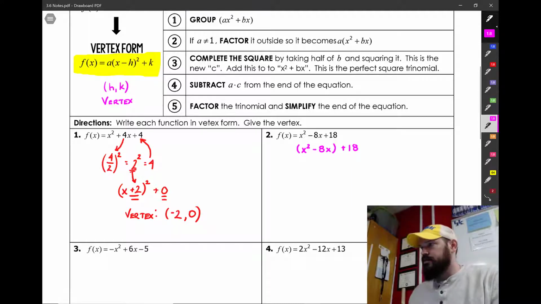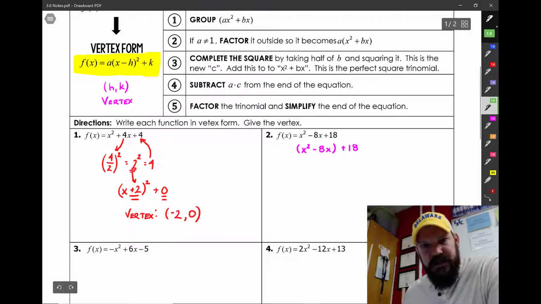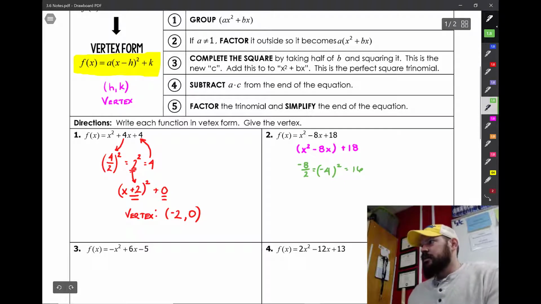Let's take half of this middle term, or this linear term, so I'll do this. -8 divided by 2 is -4, and then when I square that, I get positive 16.